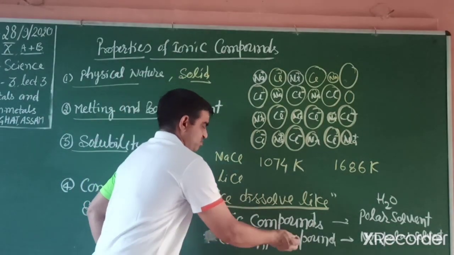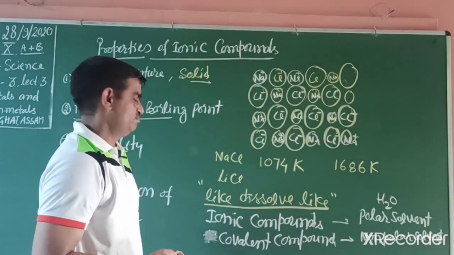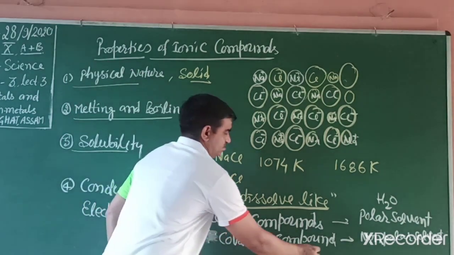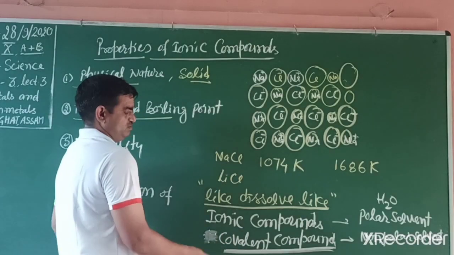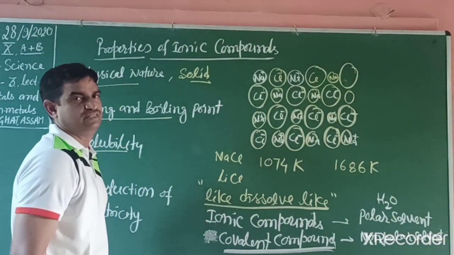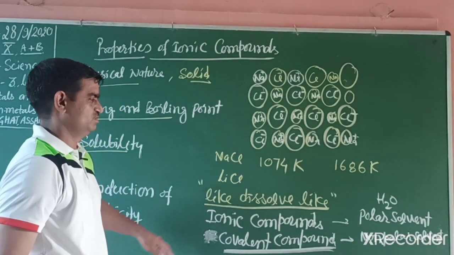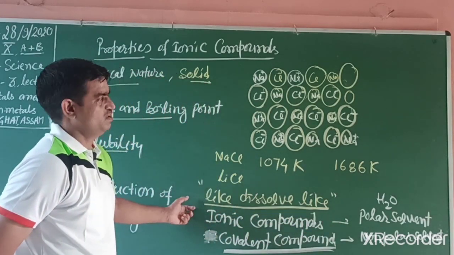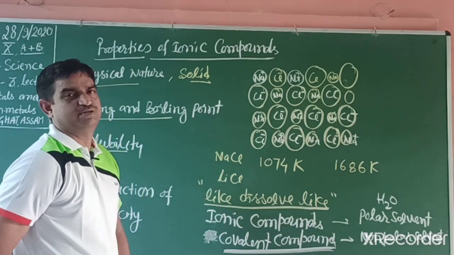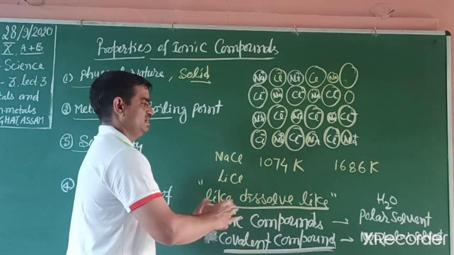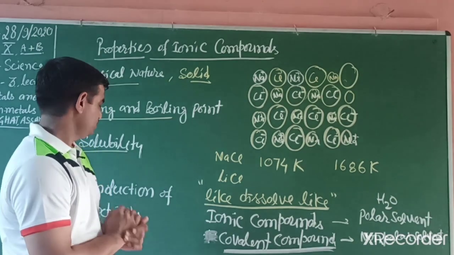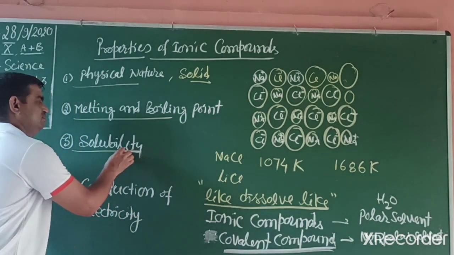Covalent compounds means hydrocarbons, petrol, diesel, kerosene, and benzene. Such compounds we will discuss in the next chapter. Carbon compounds are soluble in non-polar solvents, and ionic compounds are soluble in polar solvents like water, because water has a polar nature. So that is the principle.